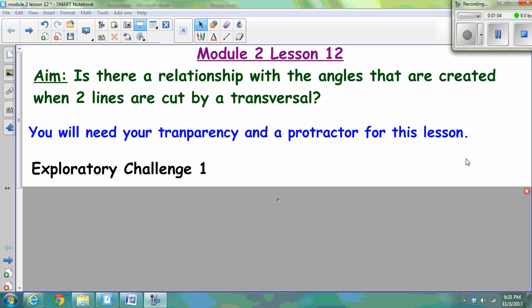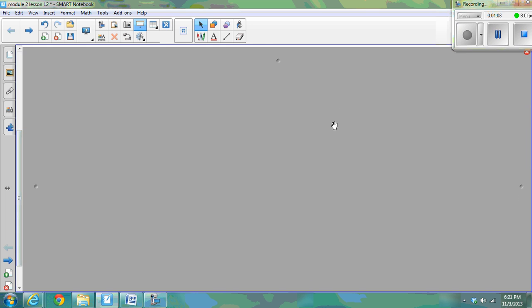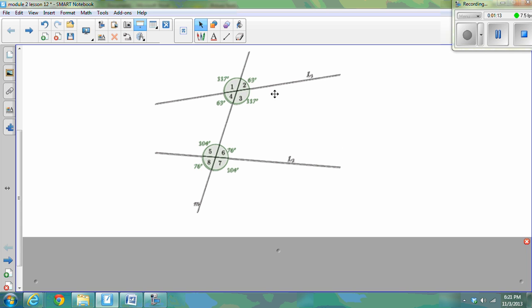So notice in this problem, the angles should have been about 117 for angle 1, 63 for angle 2, 63 for angle 4, 117 for angle 3. Angles 5 and 7 are 104, and 6 and 8 are 76 degrees.